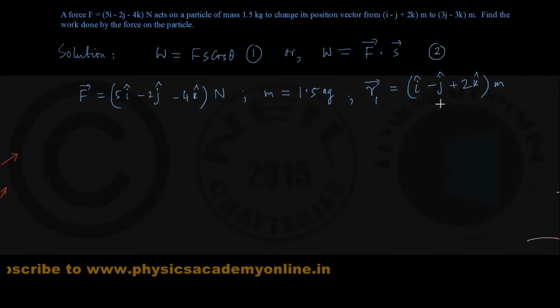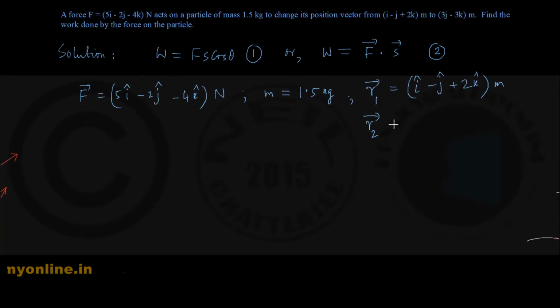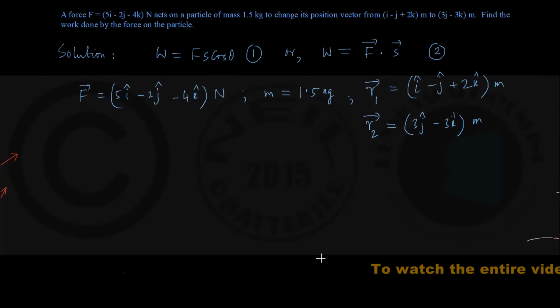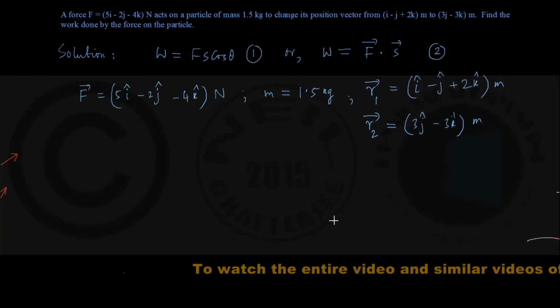Once again we write the units outside. Finally it has gone to R2. This 2 is the final position, and that is 3j minus 3k. So all are in unit vector notation. Now that's going to help us find R1, R2 and F in magnitude and direction if required. This is called the unit vector notation of any vector representation.